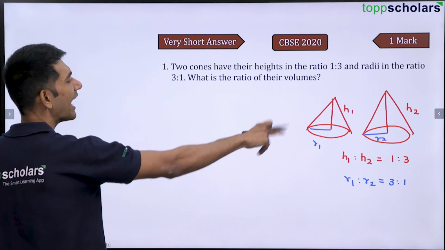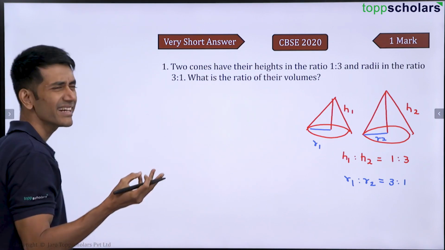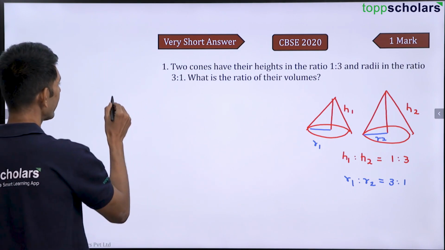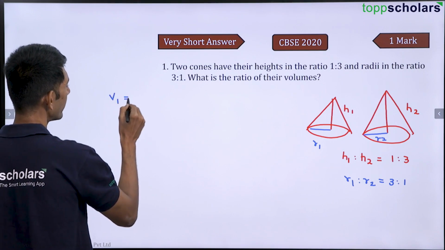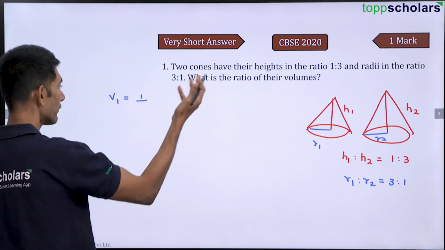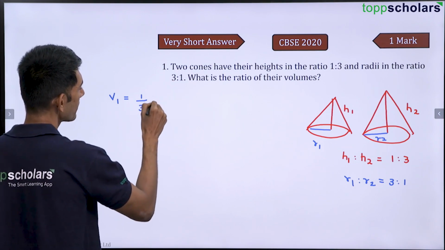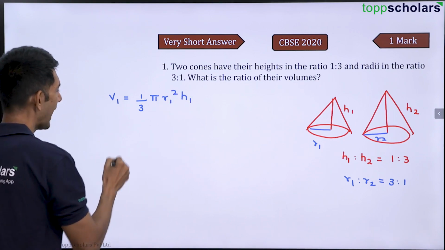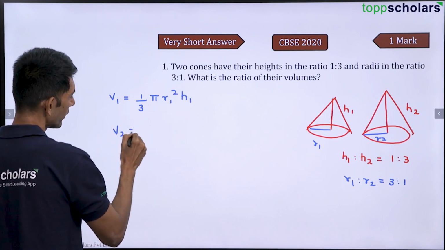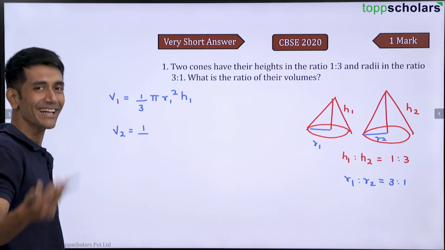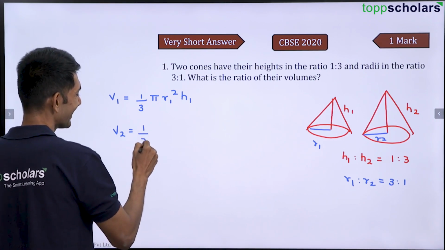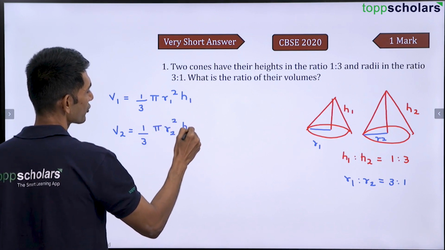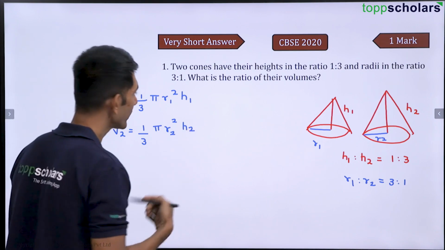Tell me one thing, if R1 and H1 are the radius and the height of the first cone, R2 and H2 are the radius and the height of the second cone, then can I say the volume of the first cone V1 is equal to 1/3 pi R1 square H1, right? And the volume of the second cone is going to be 1/3 pi R2 square H2, correct?